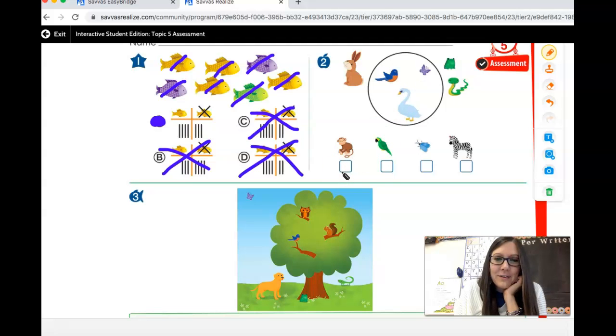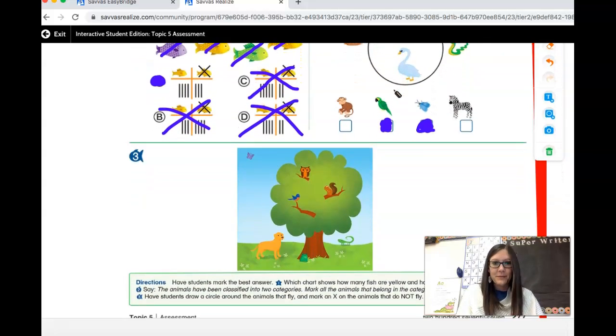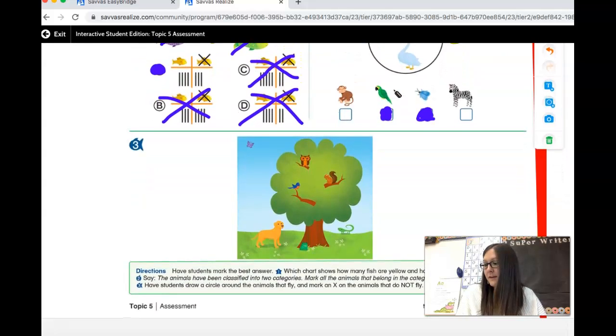He couldn't go in the circle. Parrot? Oh yeah, a parrot has wings. Beetle? Has wings. Zebra? Not wings. So we found 2 more animals that could go into this circle because they have wings also. Great job.